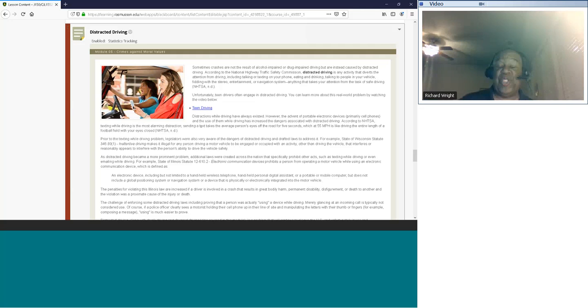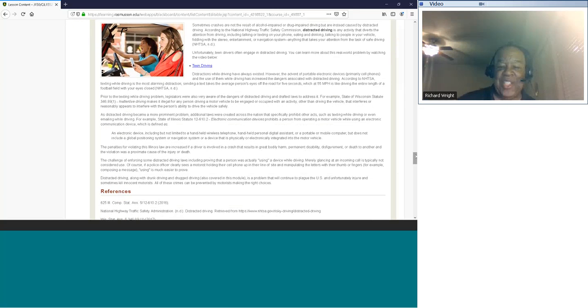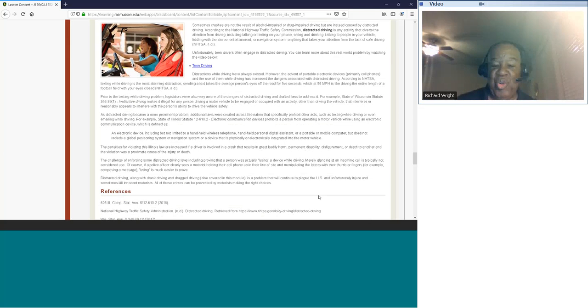So what they're saying is that the key thing is that you don't want to be distracted by something that's taking your eyes off of the road itself, because all it takes is a second and someone could be seriously injured or killed. People run into the back of cars all the time.